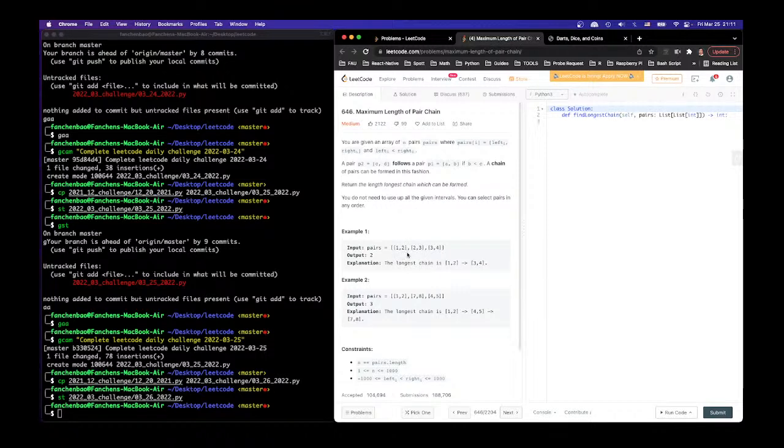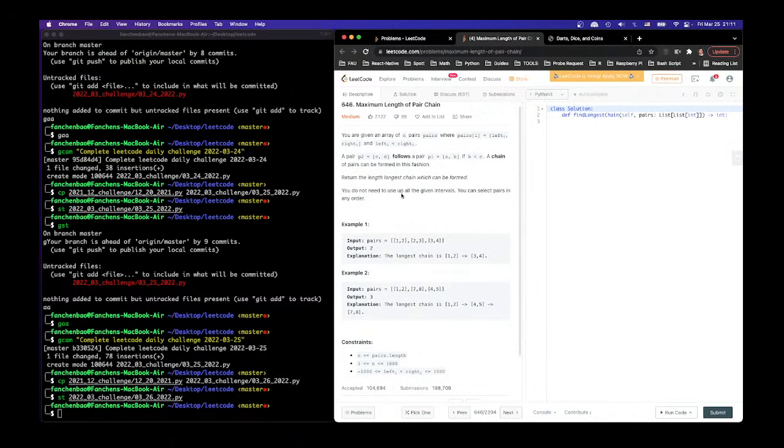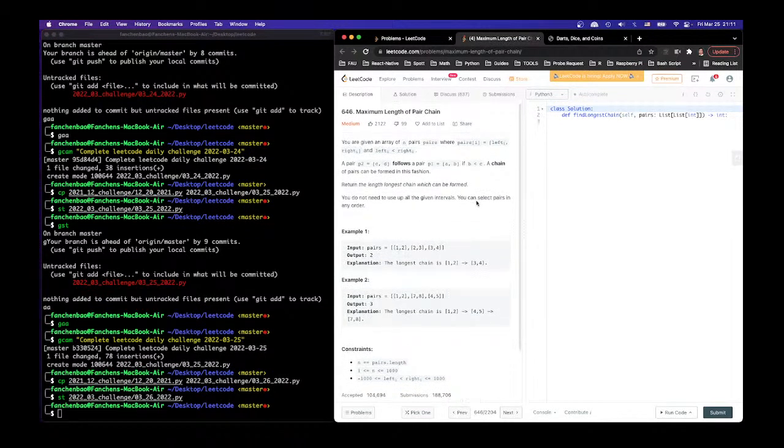A pair P2 equals CD follows a pair P1 equals AB if B is smaller than C. A chain of pairs can be formed in this fashion. Return the longest chain which can be formed. You do not need to use up all the given intervals. You can select pairs in any order. So it's like intervals.